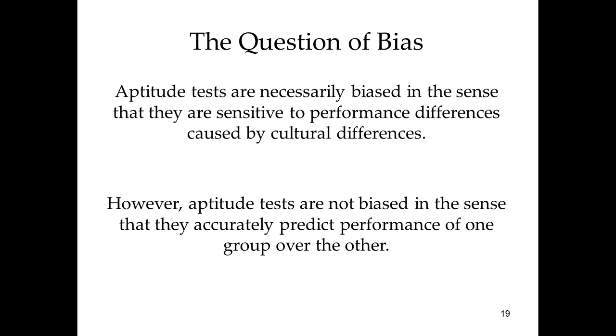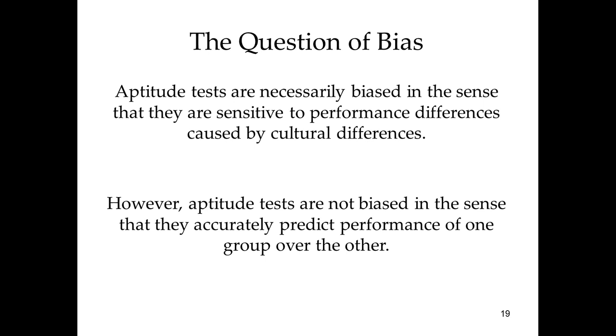So the question of bias: is there bias? Absolutely. The tests are designed to be biased, though. That's the thing. They are designed to pick out differences between groups of people.